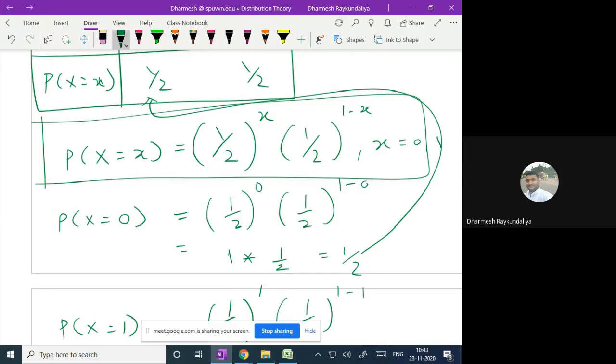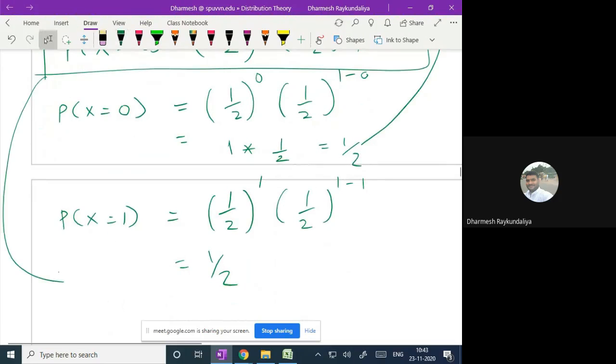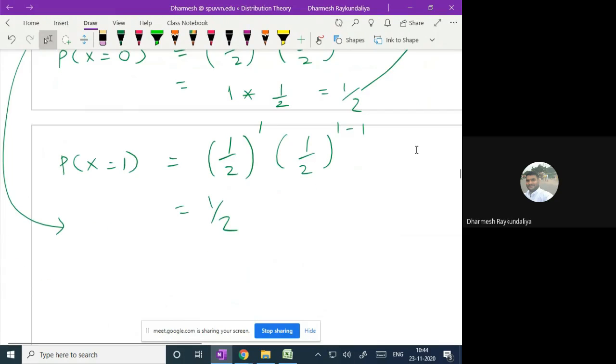So this is nothing but the probability mass function. And it is a probability mass function because the trial is said to be a Bernoulli trial. In a Bernoulli trial, we say that the probability of success remains constant at each trial. Then we write this in this structure.